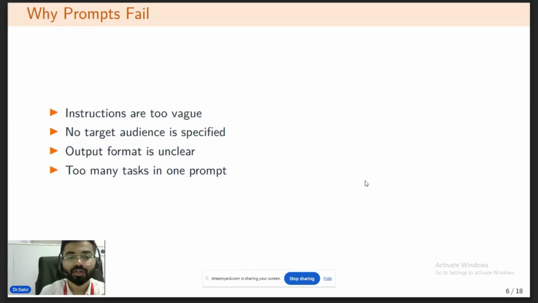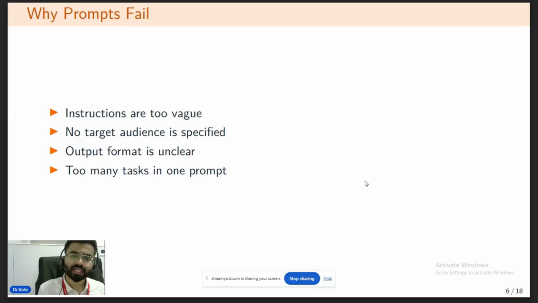Second is no target audience. If we specify the target audience, it is going to help us set a context, and this context will help ChatGPT give me an output which I feel is right and apt for what I was looking for.